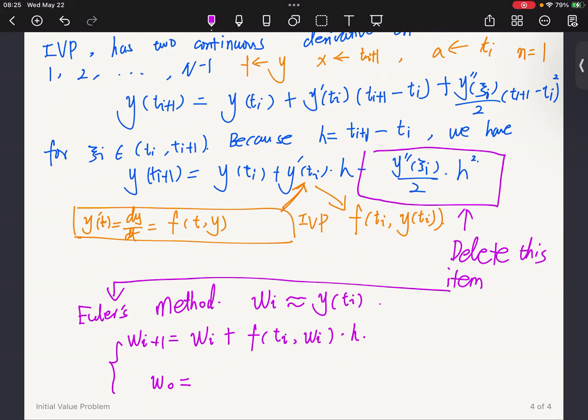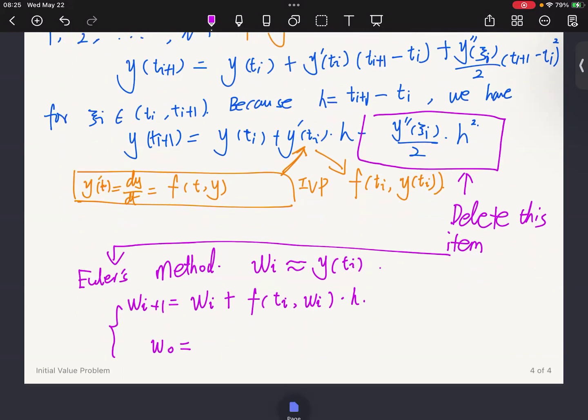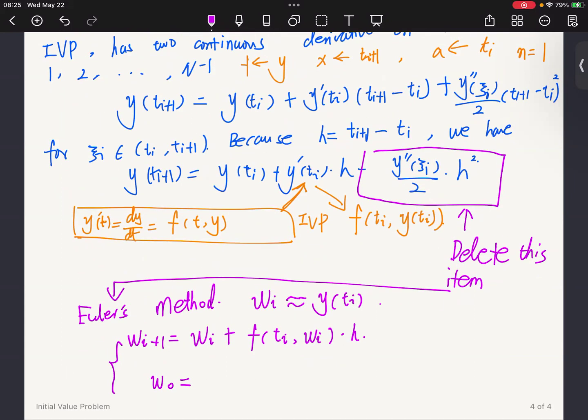But actually this one is exact because we set it to be the initial value of the original initial value problem. So here we have i going from 0 to n minus 1.